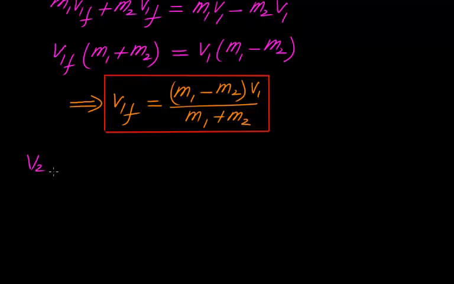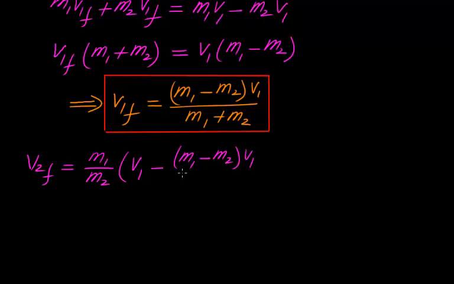The v2 final equals m1 over m2 times v1 minus the v1 final, which I am going to substitute by this entire expression, which is m1 minus m2 times v1 over m1 plus m2.